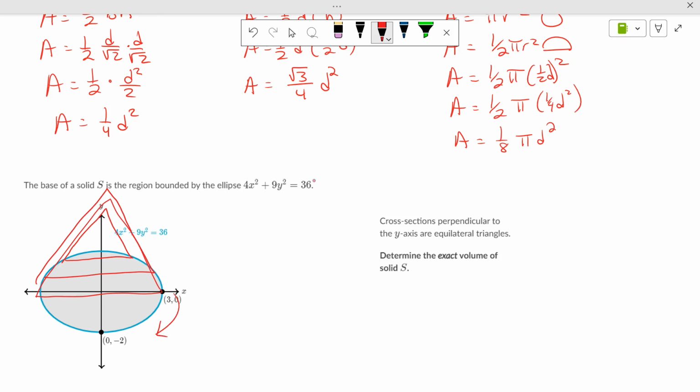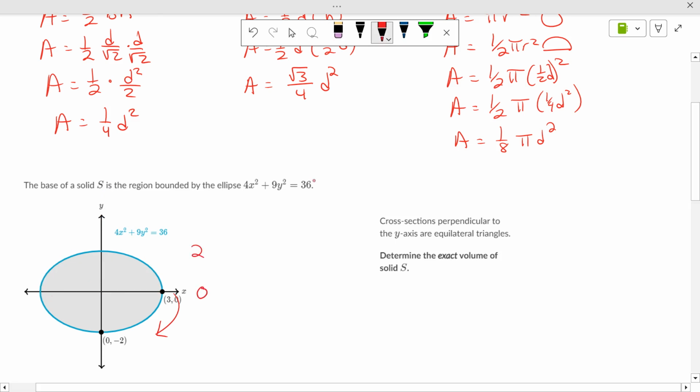So we're just going to go from 0 up to 2, because if this is -2, that's 2. And by doing that, we're going to find half of it and then just multiply by 2. So if we're perpendicular to the y-axis, we have to solve this for x.